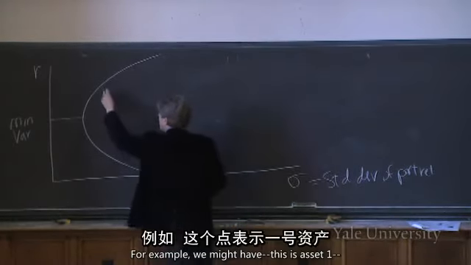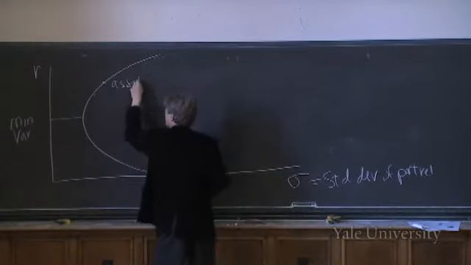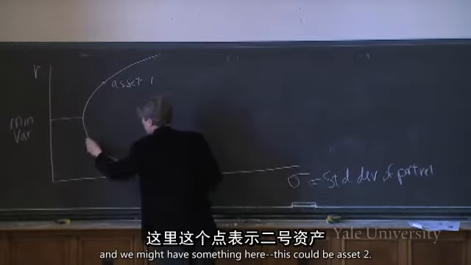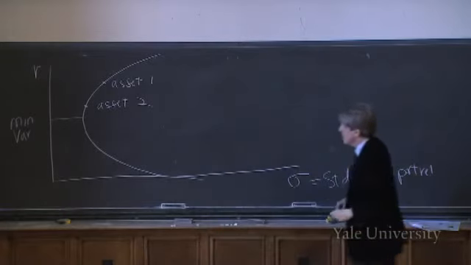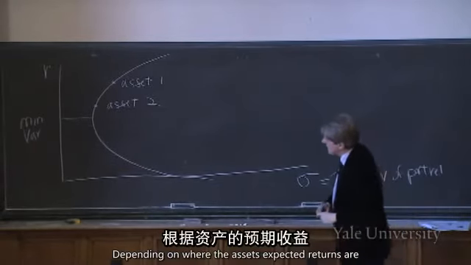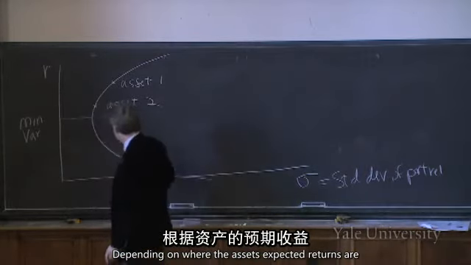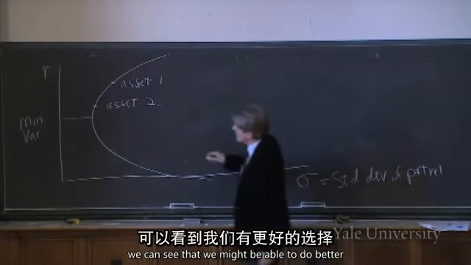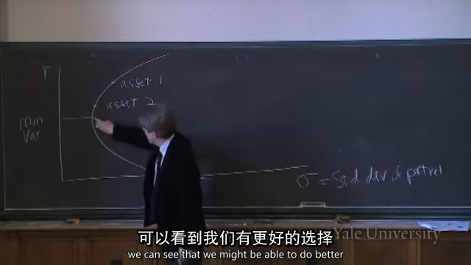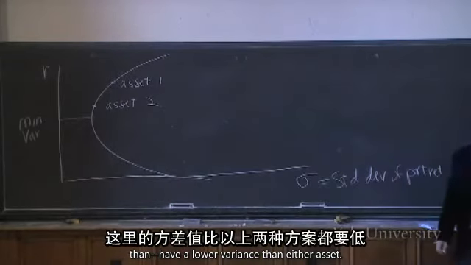So, for example, this is asset 1, and we might have something here. This could be asset 2. Depending on where the assets' expected returns are and the assets' standard deviations, you can see that we might be able to do better than have a lower variance than either asset.